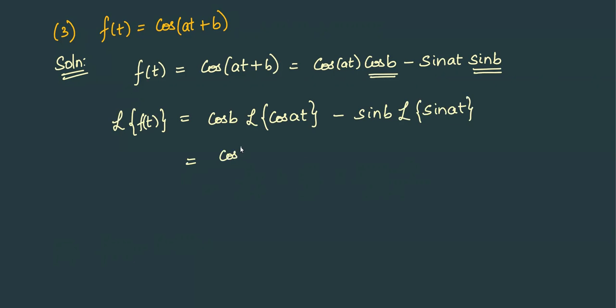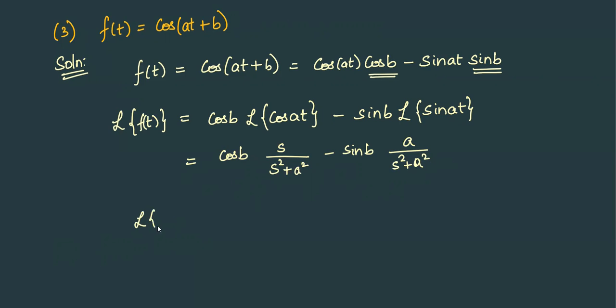So this will be cos b times s upon s square plus a square, minus sin b times a upon s square plus a square.